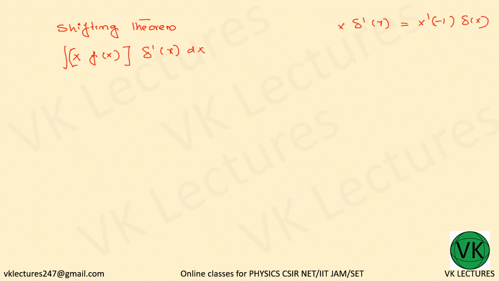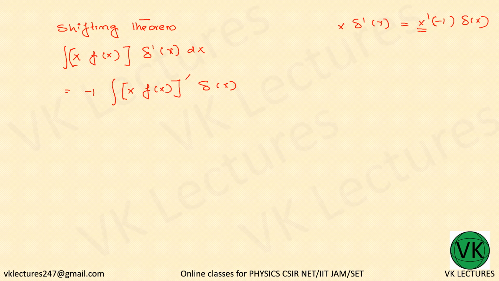So this is the first derivative of whatever function we have here, right? So this becomes minus 1 into x into f of x. So this one with the first derivative into delta of x.